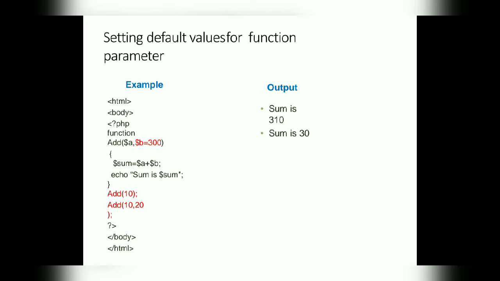While the second statement, add 10 comma 20, will give output as sum is 30. It will take the second value, the value that we have passed now to the B variable. Okay, so this is setting default values for function parameters.